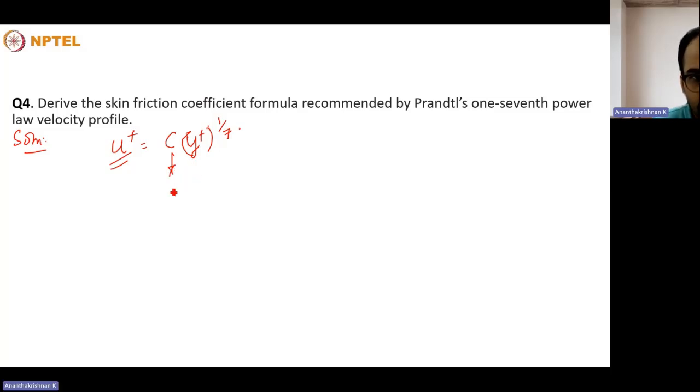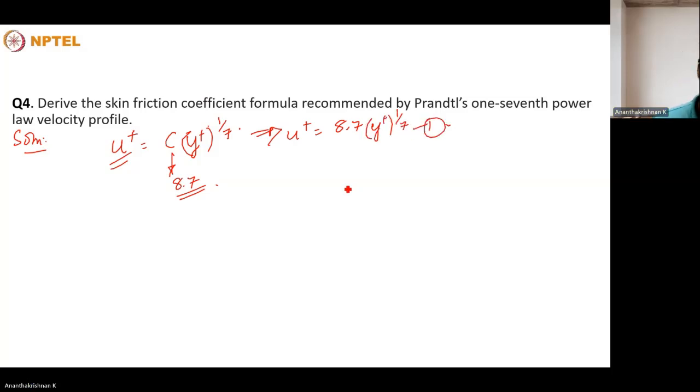Based on a fit, as we have seen in the lecture also, we can take this to be 8.7. That gives u plus equal to 8.7 y plus the whole power 1/7. Similarly, u infinity plus could be written as 8.7 into delta, instead of y, the whole power 1/7. The u infinity will be present at a distance delta away from the wall, that is the boundary layer thickness.